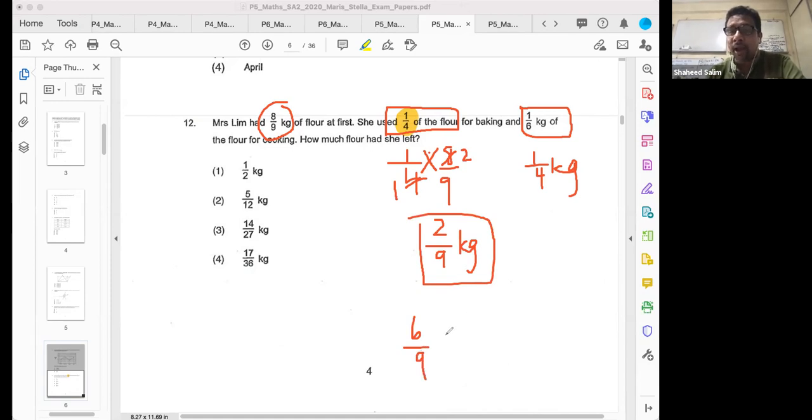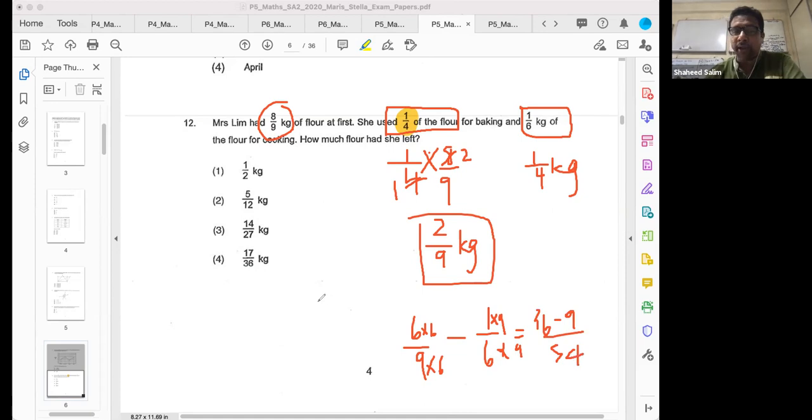Then you minus 1/6. How to do this? Okay, we can change to 54. Times 6, times 6, times 9, times 9. So what is it? 6 times 6 is 36, minus 9. 36 minus 9 equals 27. So 27 over 54.